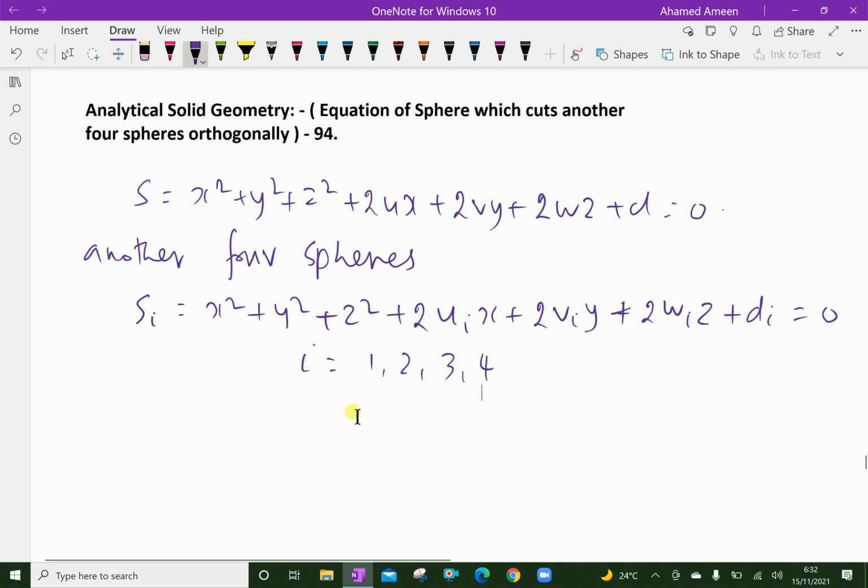If you put the values of i as 1, 2, 3, 4, then we'll get four different spheres. Now we'll start the problem.